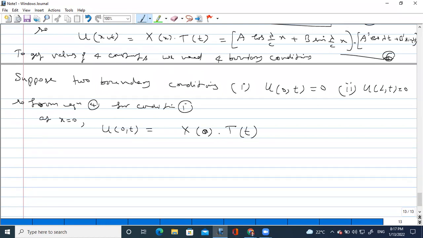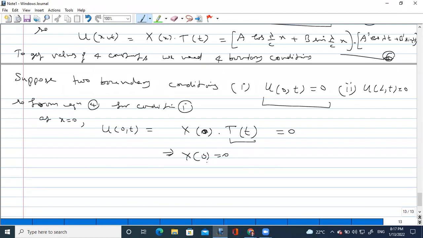So X(0) into T(t). Now tell me, what is this condition? This is equal to 0. So the complete thing is equal to 0. Now T(t) is not 0. So this implies X(0) is equal to 0.